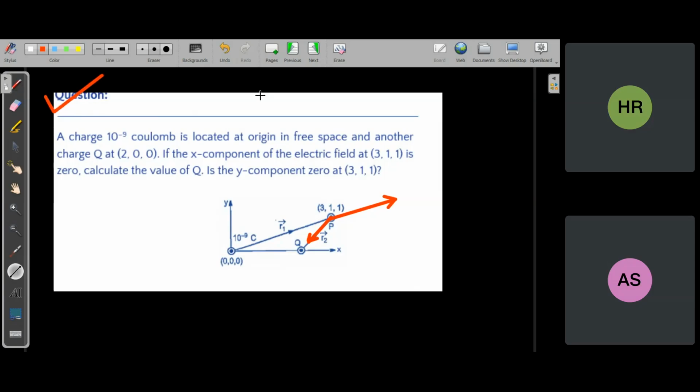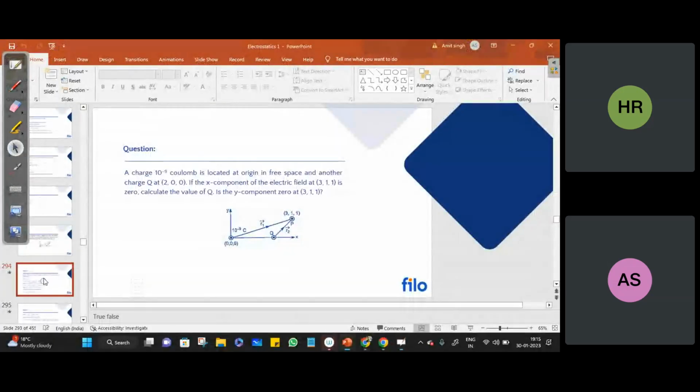Concepts of vector only. Or you can also try by finding these distances and angles. You can try, but I think that may be lengthy. Better method will be the same, so you can use vectors.